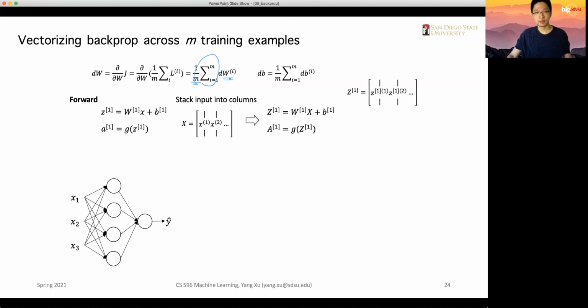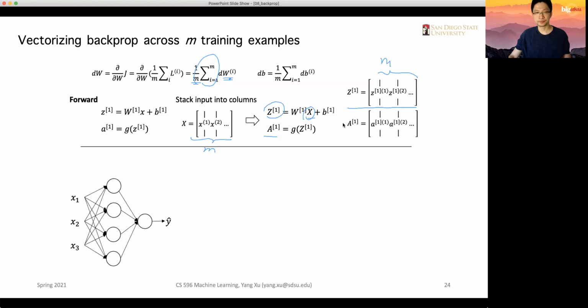So the formula remains the same, but you see the input is a matrix now, and the output Z would also be a matrix that has the same number of columns. It also has m columns, which is the same m as in the inputs here. And the A is also the same shape as Z here. Okay, so that's the forward pass.